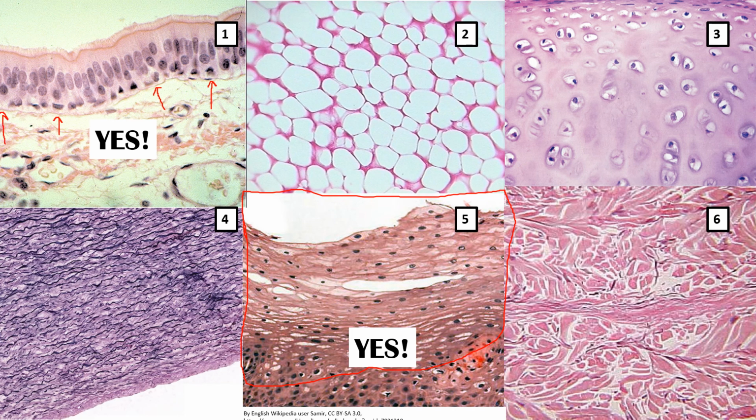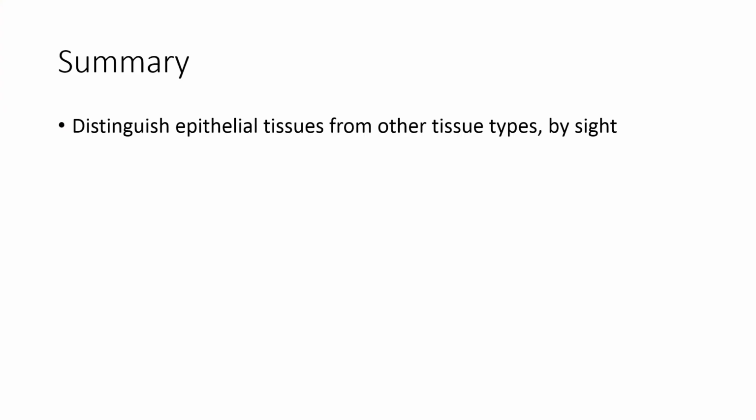The basement membrane in the bottom slide is a little harder to see because it's actually out of frame, but there would be one here as well. So hopefully you got 1 and 5. The rest of these tissues are all connective tissues, and we'll look at them when we get to the video on connective tissue. So in this video, we tried to distinguish epithelial tissues from other tissues by sight.